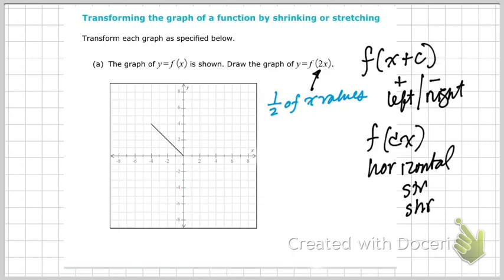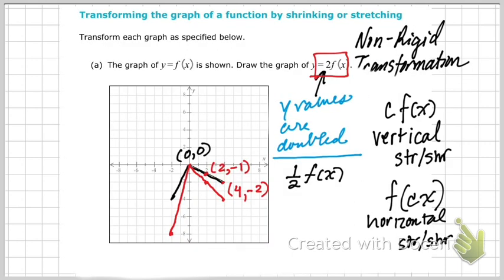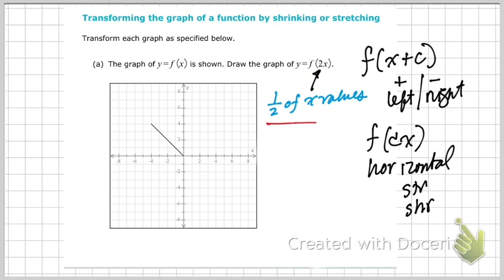So in this case, look at that again. All right, in this case, I want to stay consistent here. I've got f of 1/2 x. So what's that going to do? That is going to double.